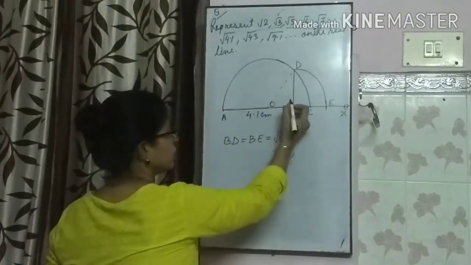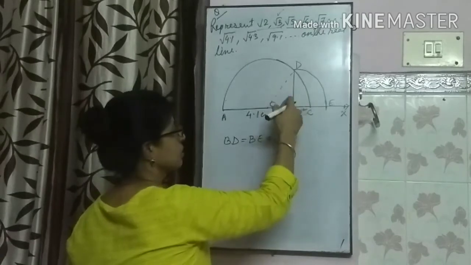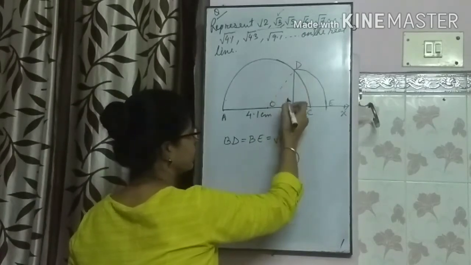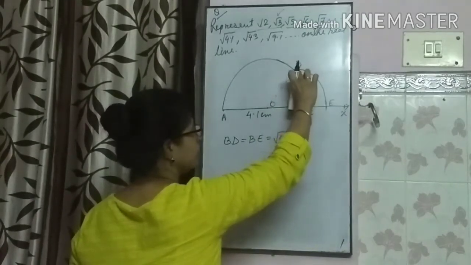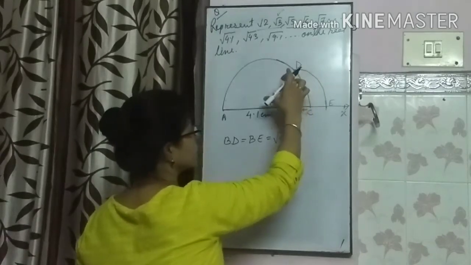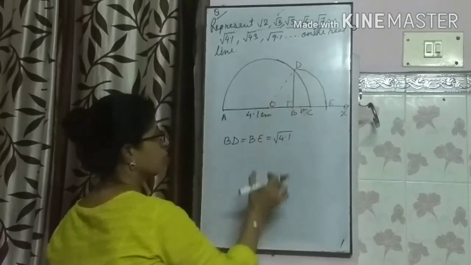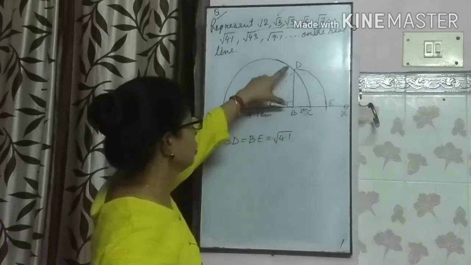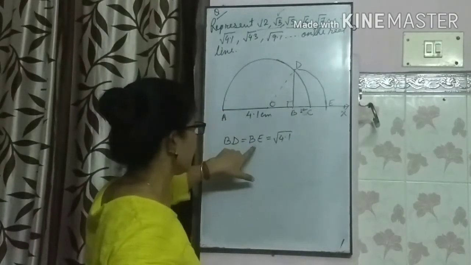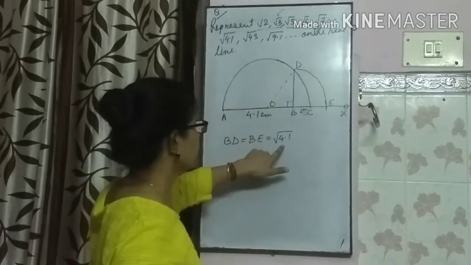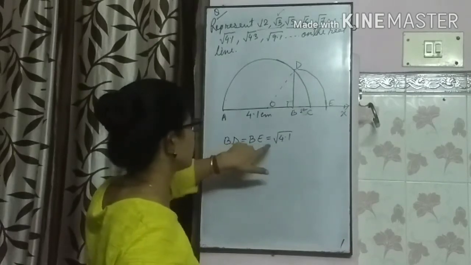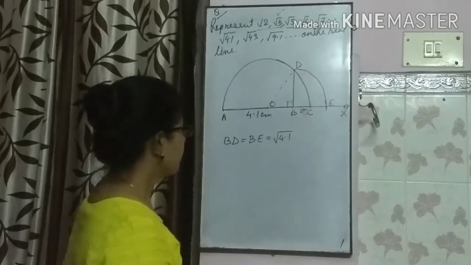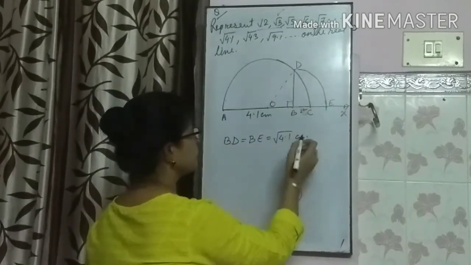How we get actually this, the whole process is not required. After making this right triangle, it will be the perpendicular. So perpendicular square is equal to hypotenuse square minus OB square after calculation. So BD square is equal to 4.1. So BD is equal to square root of 4.1 centimeter.